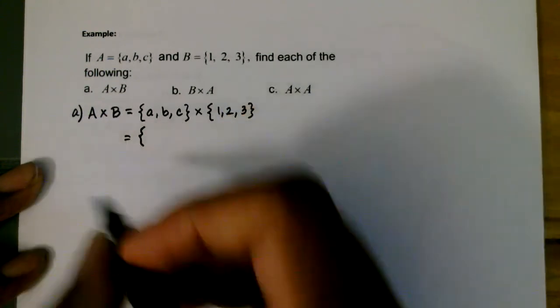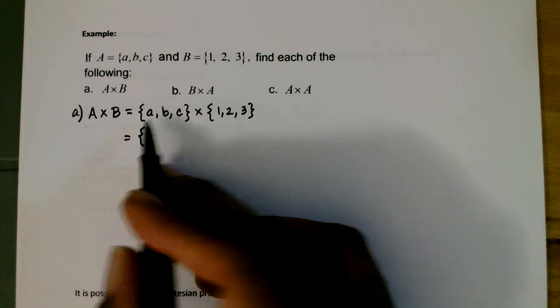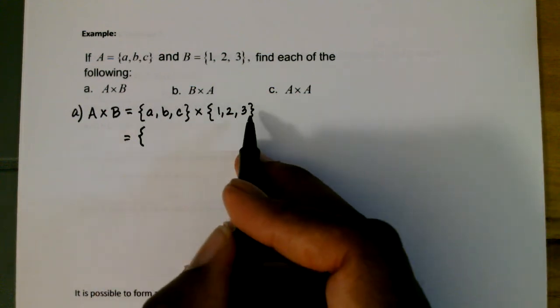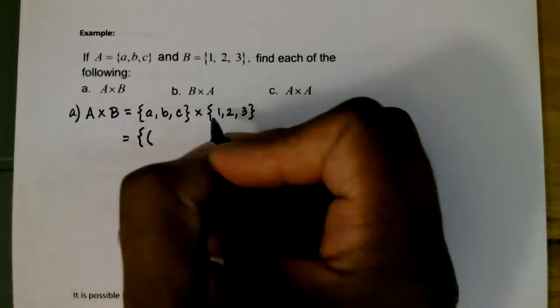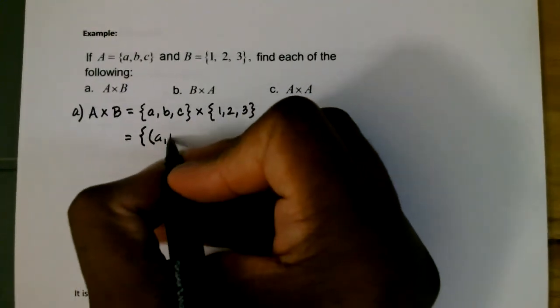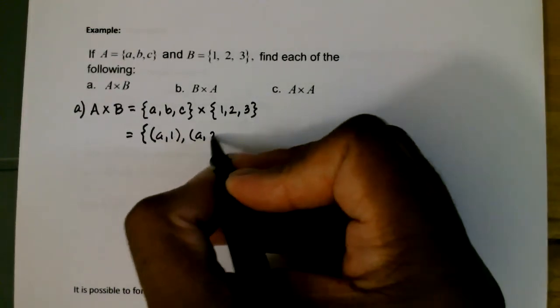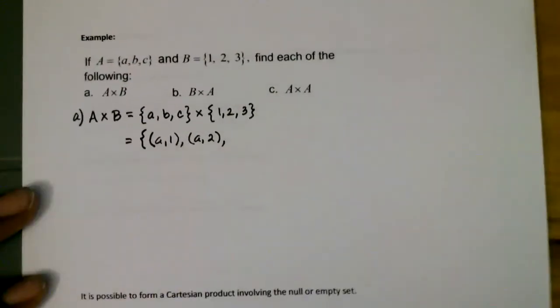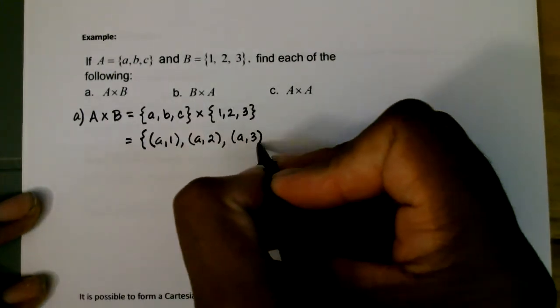So to find that Cartesian product, I take each element in the first set, pair it with each and every element in the second as ordered pairs. So here a would be paired with 1. So I have a comma 1. a would be paired with 2, a comma 2. And then a is paired with 3, a comma 3.